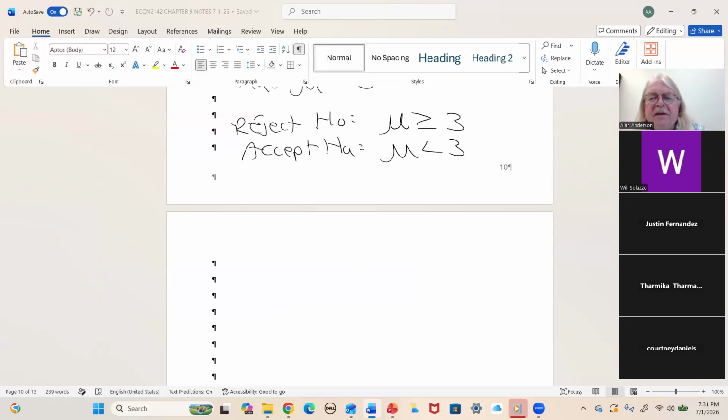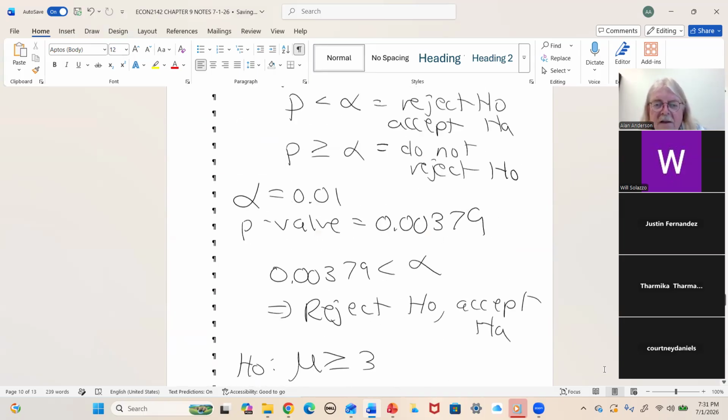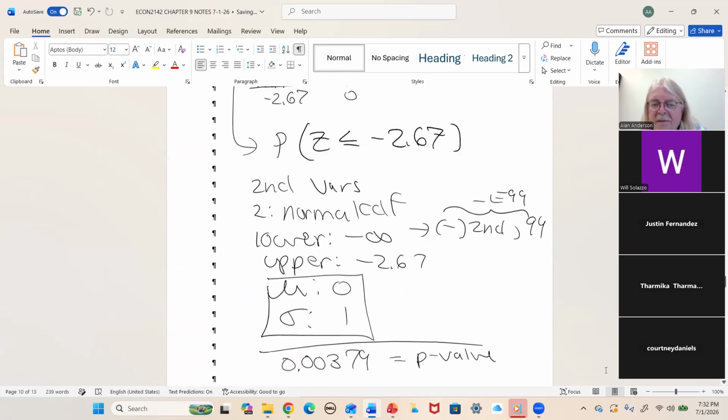They're going to get to this in a few minutes anyway, but let me show you how that would have worked. This depends on whether it's a left, right, or two-tailed test. And also, don't forget, we are using the standard normal in this case because we know sigma.